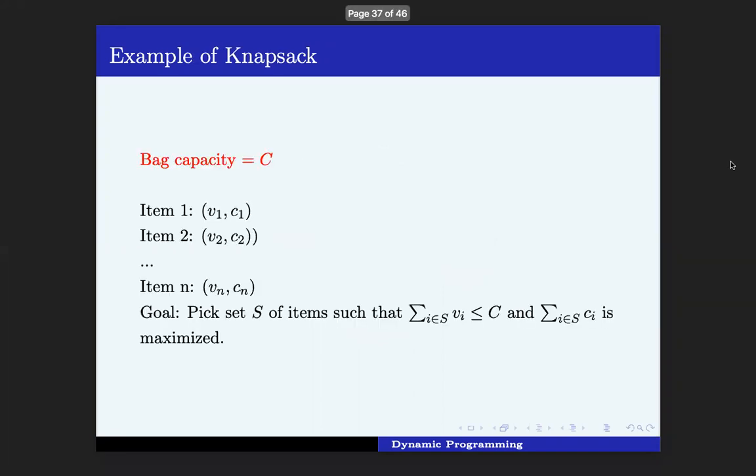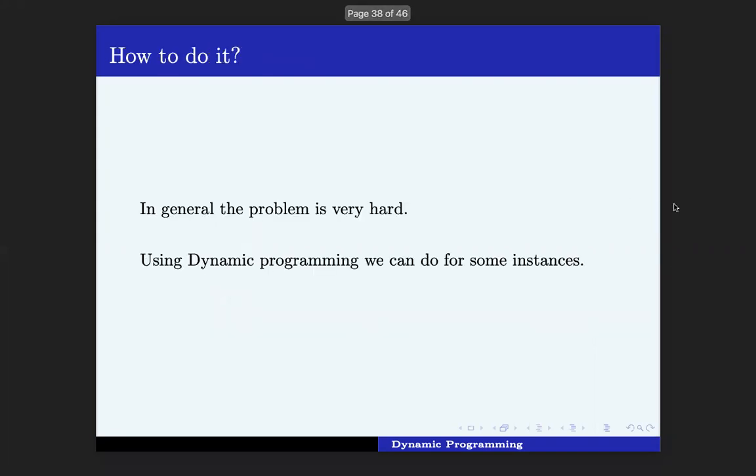So this is the problem: I have items 1 to n, with volumes v1 to vn, and costs c1 to cn. Pick some set of items such that the summation of vi is less than C, and your job is to maximize this quantity.